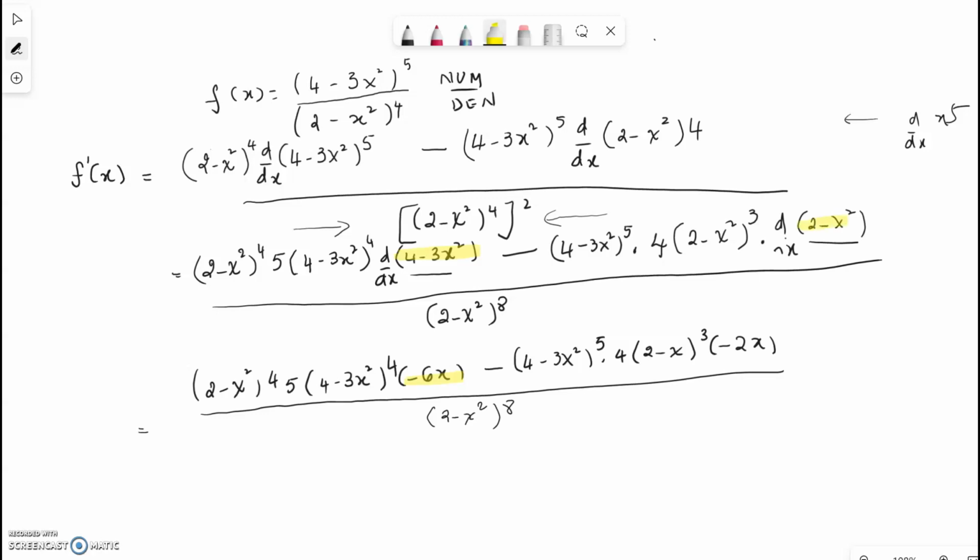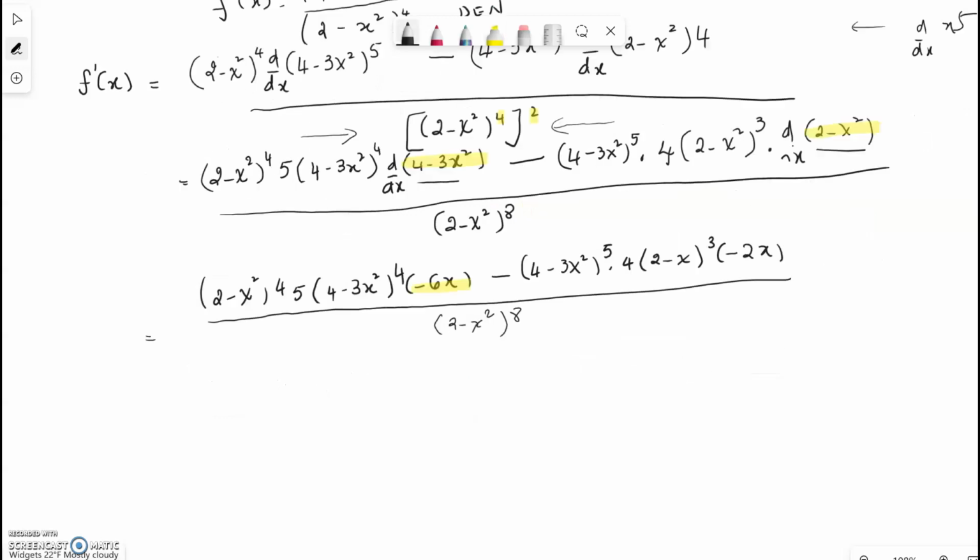D by dx of 2 minus x squared is equal to negative 2x, because the derivative of 2 is 0. And in the denominator we have 2 minus x squared to the 8th power. And how did we get 8? It's 4 times 2, which is 8.